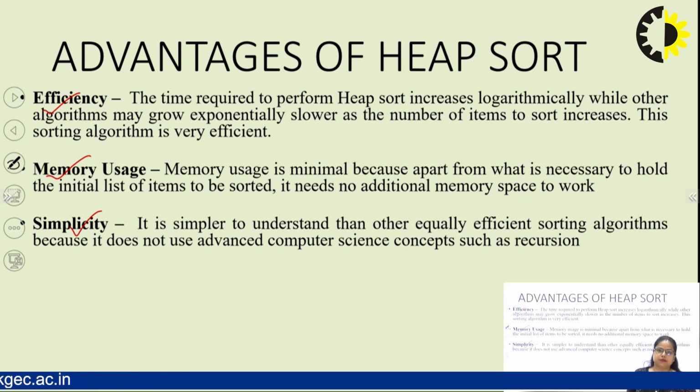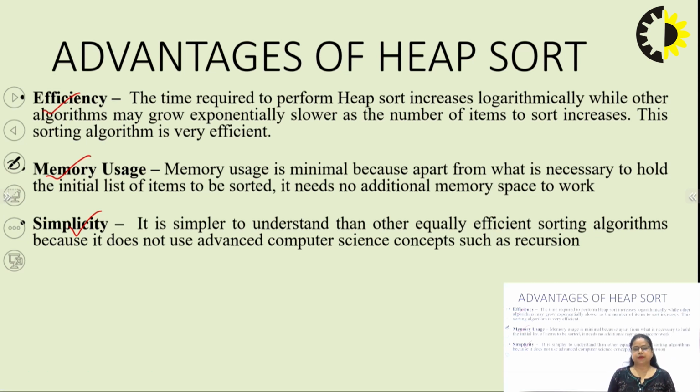While other algorithms grow on the basis of exponential growth, right? So this is why we can say it is more efficient. Second is the memory usage, which is minimal, because apart from whatever we need to hold for the main list of items, no additional space is required to hold the work. So that is why it has minimal memory usage.